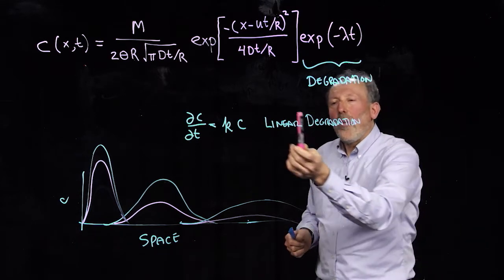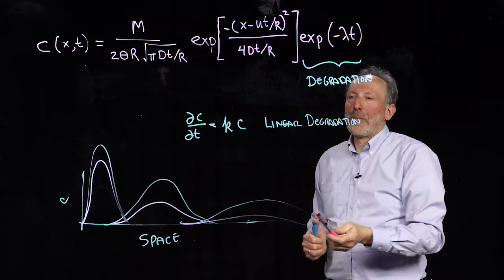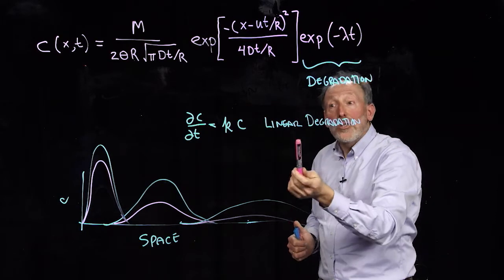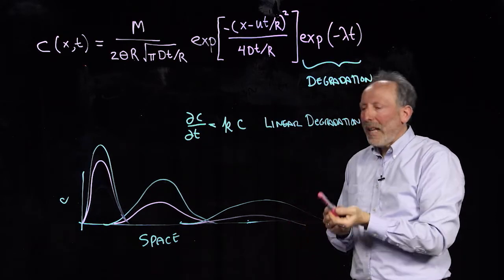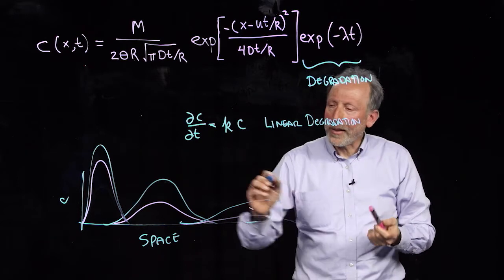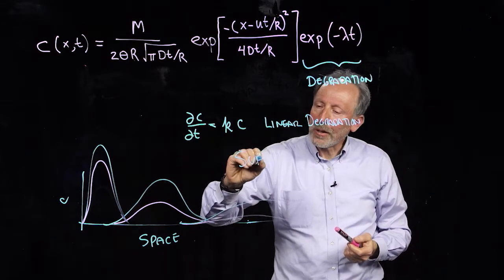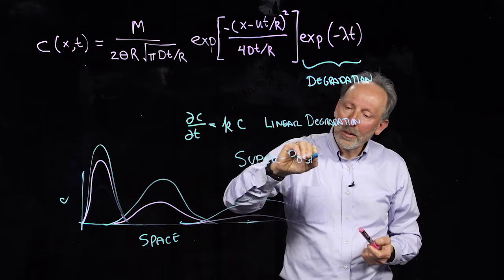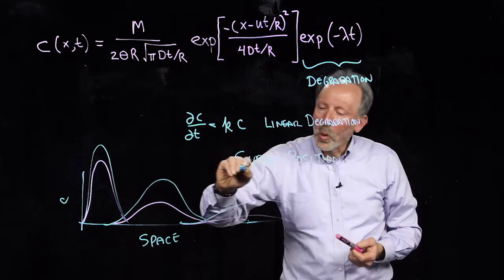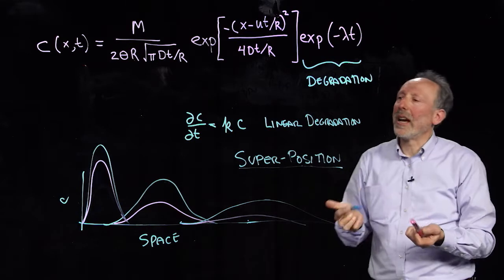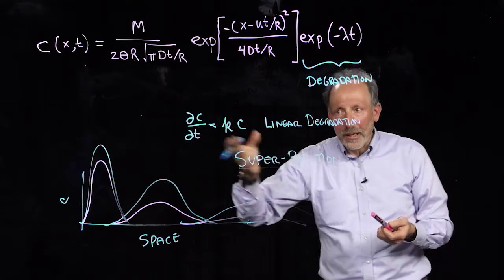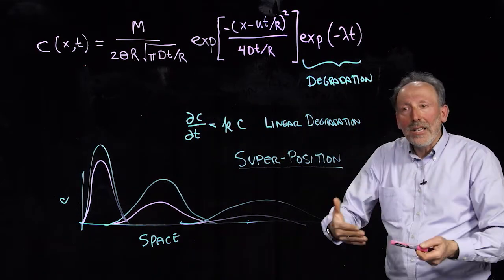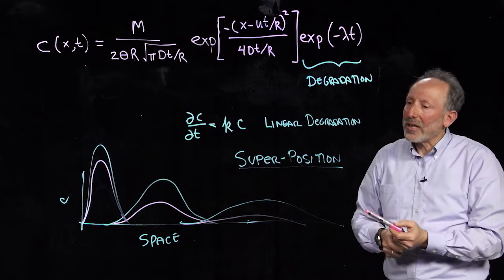What we've pointed out is we've always used linear descriptors: linear retardation, linear absorption, linear degradation. And that allows us to do the most important thing, which is superposition. We can superimpose solutions because if we double the concentration, it's still a solution. Any new solution added to an old solution is also a solution.